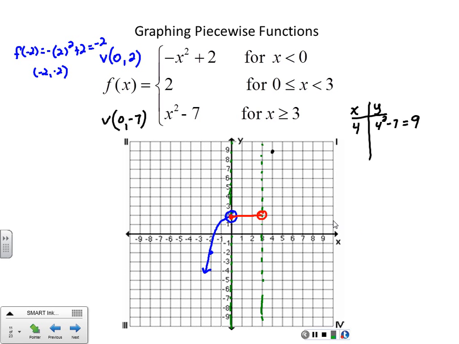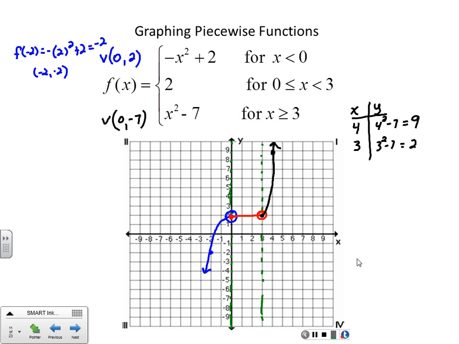So this graph originated at 0, -7. And then it goes all the way up to here. So let's plot 3 just to see where our initial point is. Can x be 3, first of all? Yeah, x can be 3. So if we do 3 squared minus 7, what are we going to get? 2. So I have an ordered pair here, and I have an ordered pair here. And you close it off here because x can be 3. And there's your piecewise function.